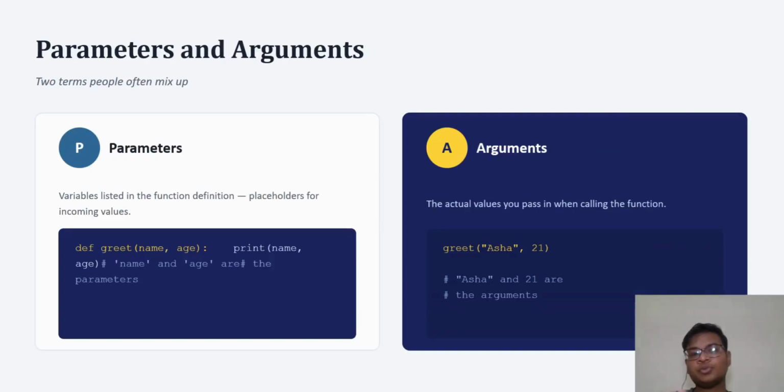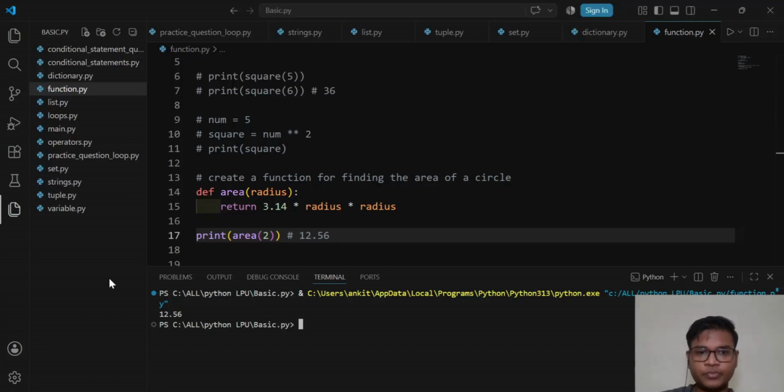So let's move forward and talk about the difference between parameters and arguments. These are two terms people often mix up. So we have some confusion. What do you mean by parameter? What do you mean by argument? So what does it mean? Now let's create a function and do it practically. Okay.